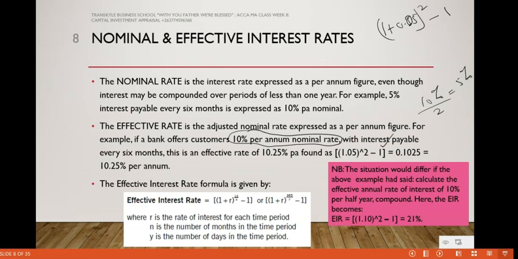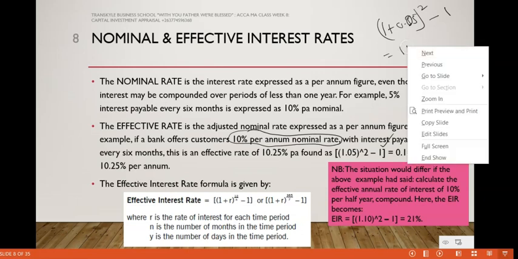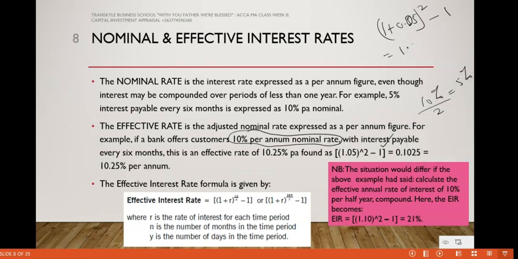This is why you see the minus 1 here. Okay, so that's equal to 1.05 to the power 2 minus 1, which is equal to 10.25%.